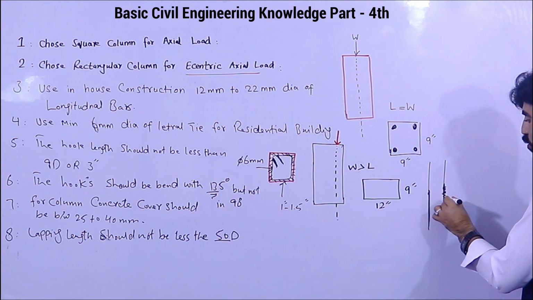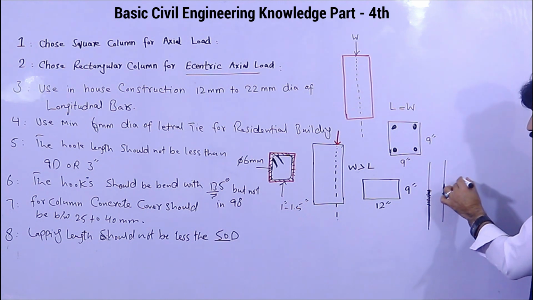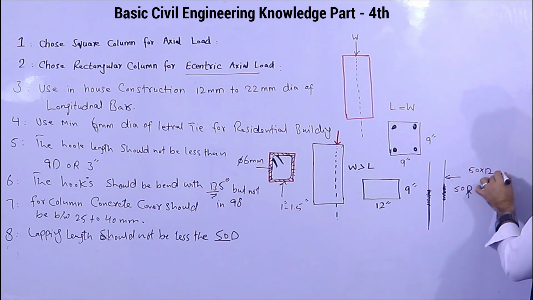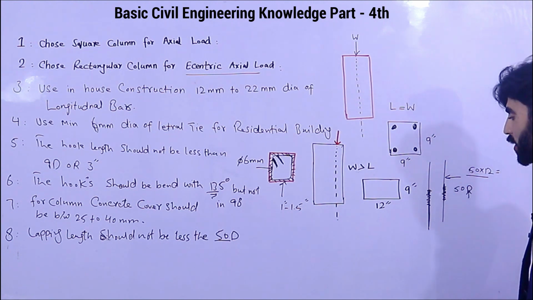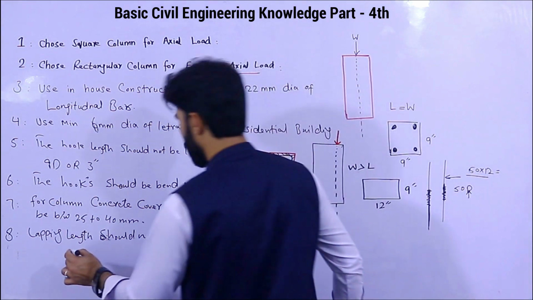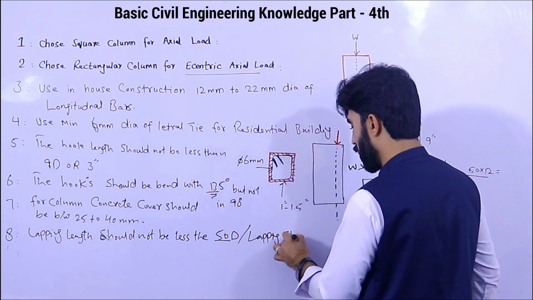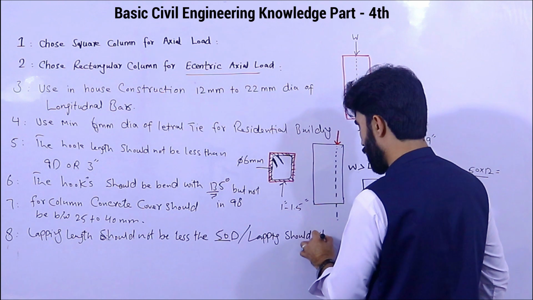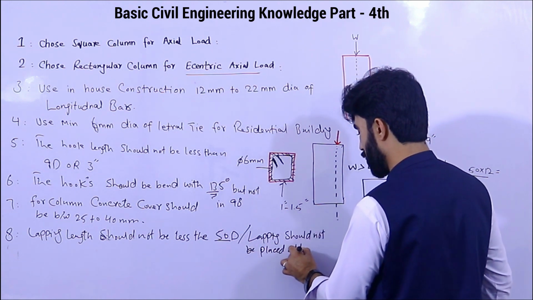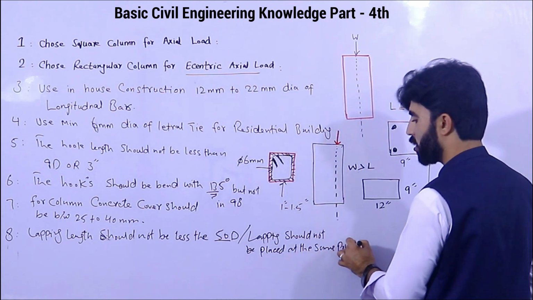This length should not be less than 50D, where D is the dia of steel rod. For example, if this is 12 mm, then 50 multiplied by 12 gives you the lapping length. But the lapping should not be provided at the same point. This is the other thing.